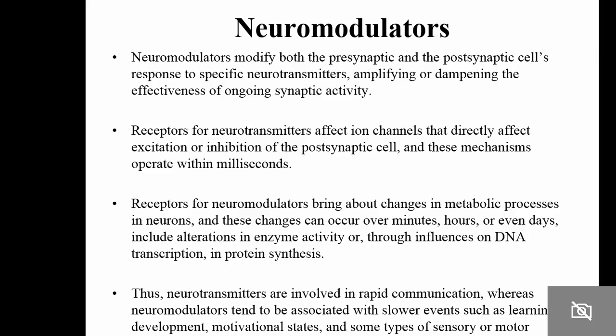Another thing that neuromodulators can do is they can affect metabolic processes. Okay, so some channels, some receptors that neurotransmitters bind to are called metabotropic. And some are called ionotropic.